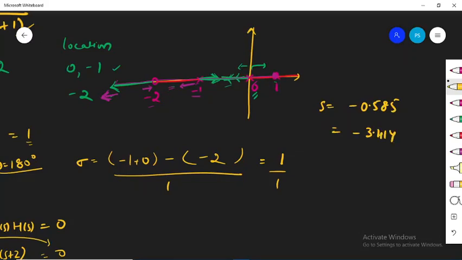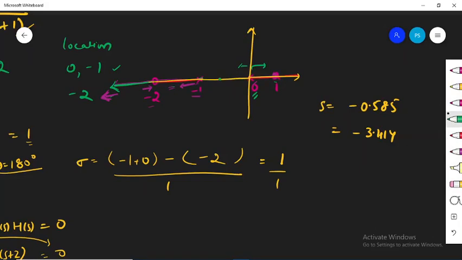So minus 0.585 will lie somewhere over here.